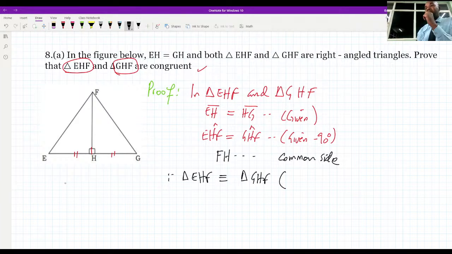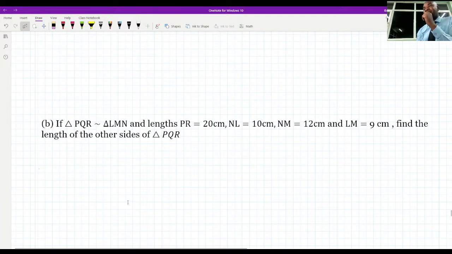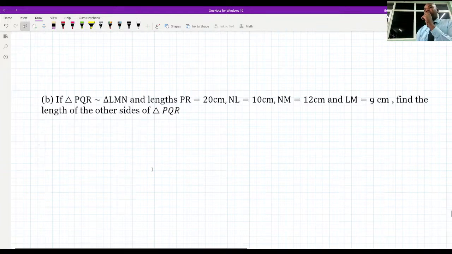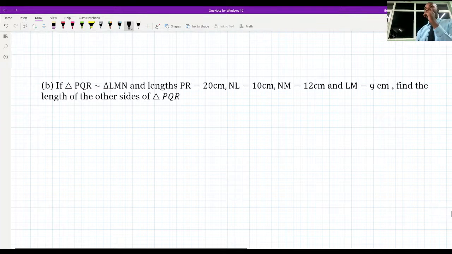And what is the theorem here? It is actually side angle side. It is by side angle side, dear students. So we have already proved that these two triangles are congruent by side angle side congruent theorem. We are going to jump to question number 8b.